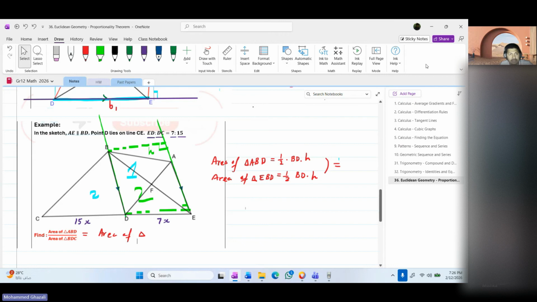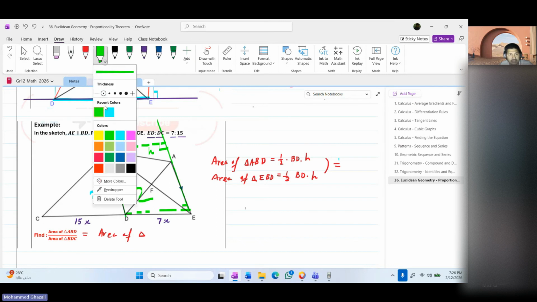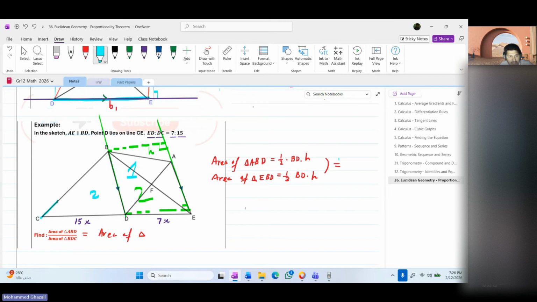Let me trace this out for you and move it to the side, otherwise you will not be able to see it. I'm going to remove this entire triangle, okay? I'm just tracing it out for you so you can actually see it. Right, so great. Now watch what I'm going to do.